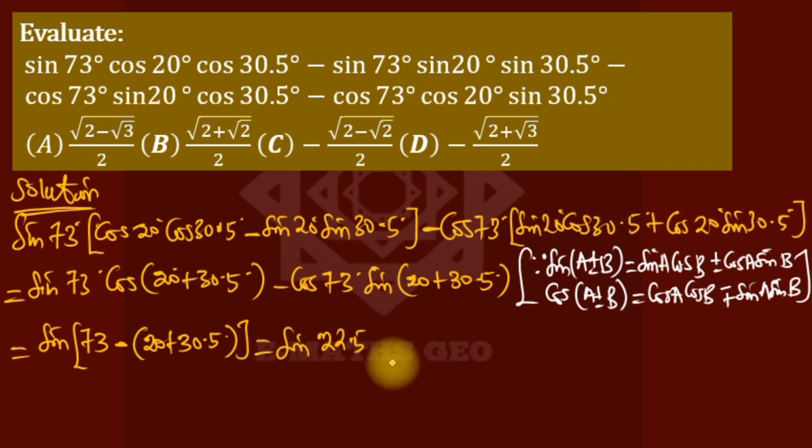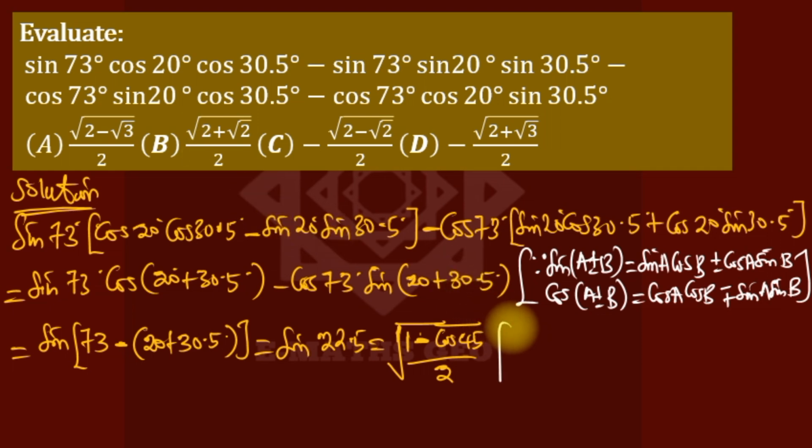And we'll still have to use another identity. This is equal to the square root of, since 22.5 is in the first quadrant, sine is positive, square root of 1 minus cos 45 over 2. Yes, so we're bringing in a lot of identities here.